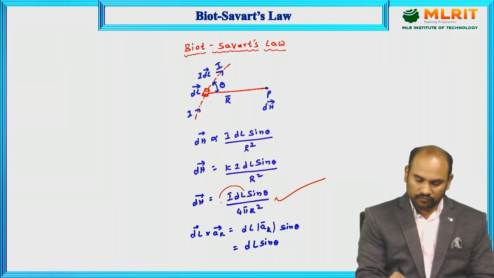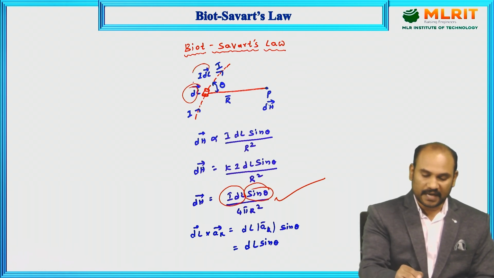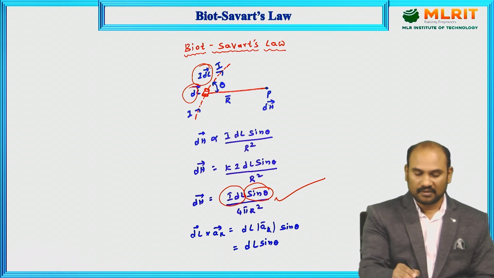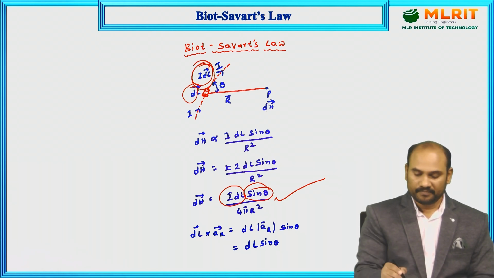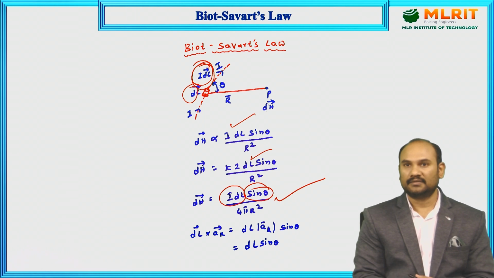Now I want to work on this Idl sin theta. Well, if you observe carefully, I have written here dl bar in the illustration, but here there is no dl bar. dl bar is there, but in disguise. Inherently it is there. Now we will get it back explicitly.